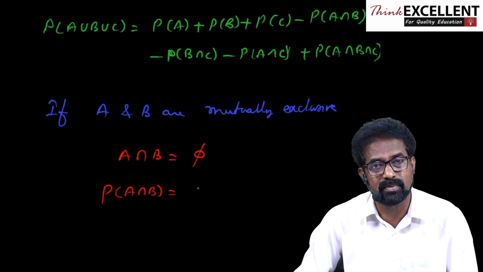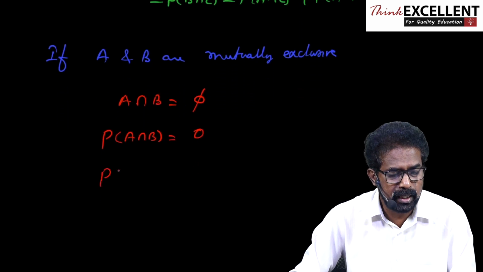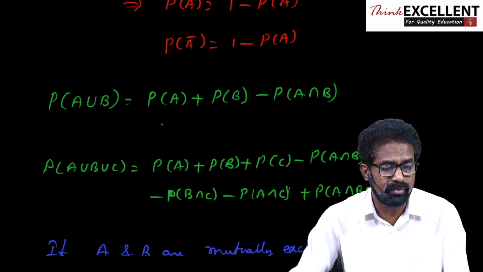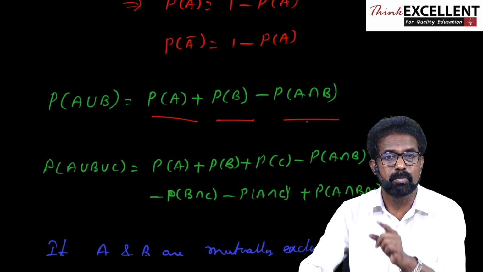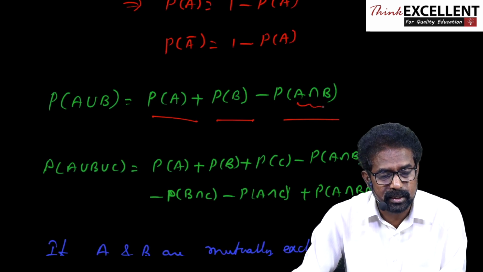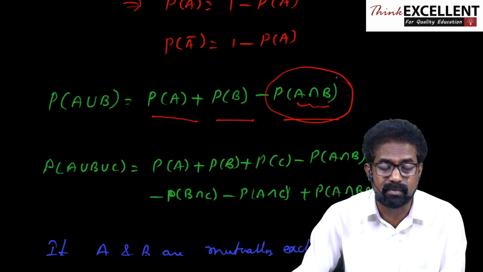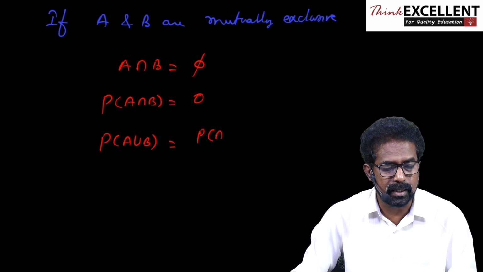And what is probability of empty set? It is 0. Probability of an impossible event is 0. What is P of A union B? Please listen. For P of A union B, we have the formula P of A plus P of B minus P of A intersection B. But when A and B are mutually exclusive, A intersection B is empty set, probability of empty set is 0, so this last term vanishes. So you will be getting only P of A plus P of B.